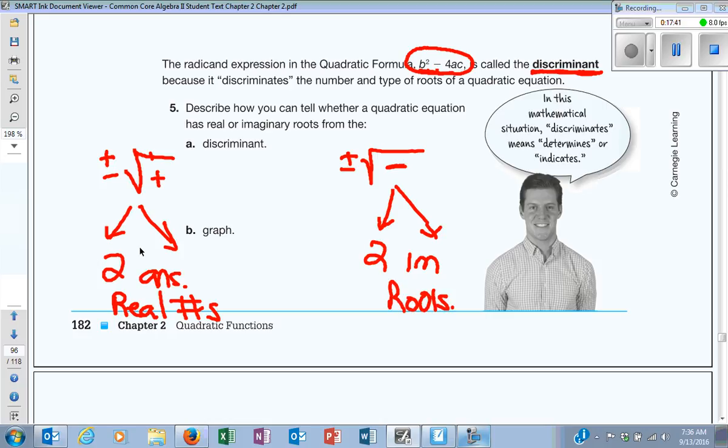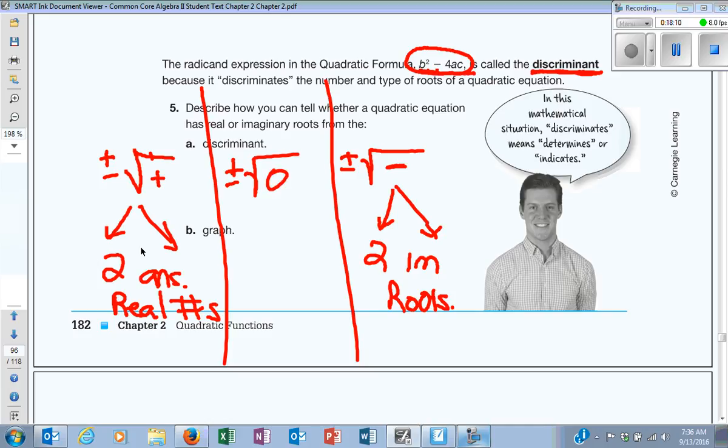What's another case? There's one more case. What else could happen to b squared minus 4ac? Doesn't happen very often, but it could happen. What happens when you subtract two numbers? They could be positive, they could be negative, or they could be what? 0. What happens if you subtract those numbers together and it comes to a 0?